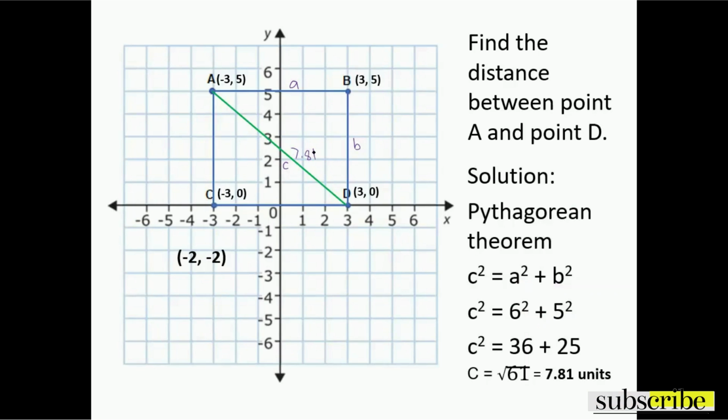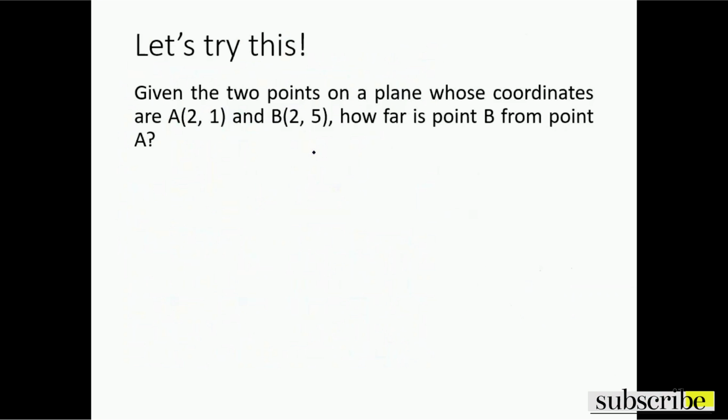Okay, now, how can we find a distance without using the graph? Can we still do it? Let's try this. Given the 2 points on the plane whose coordinates are A (2, 1) and B (2, 5), how far is point B from point A? By looking at the points and not the graph, can we still get the distance?